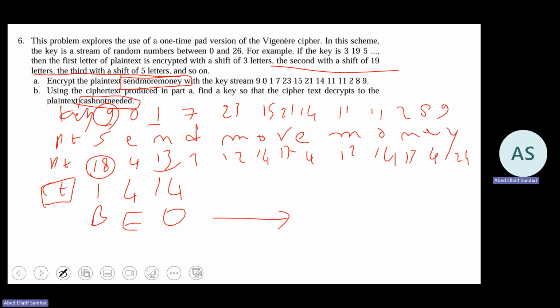So you should find the key that makes it possible to cipher. So you know the plain text and the ciphertext, and you should find the key. It's something that we did several times, so maybe you can try to find what the key is. In this case, it will be for each letter.